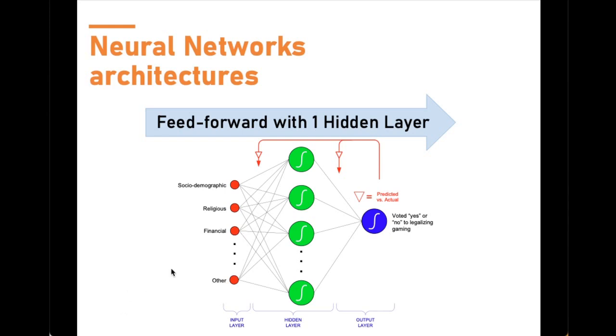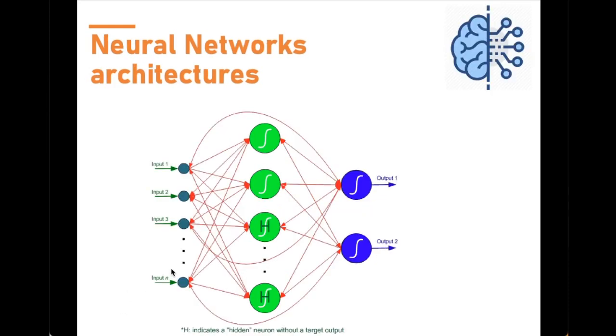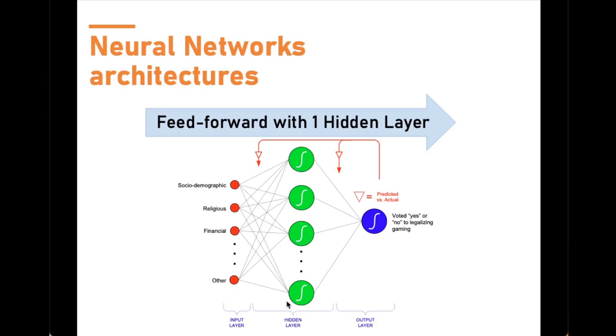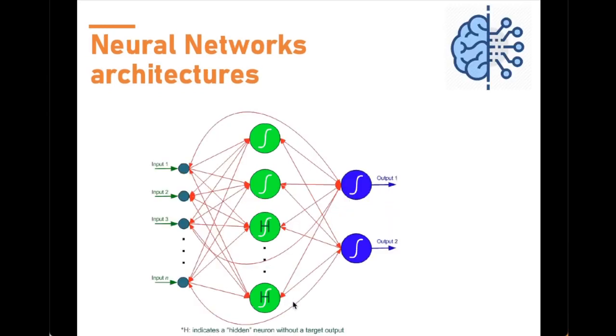Unlike feed-forward neural networks, where information flows in only one direction, another neural network paradigm called recurrent neural networks, RNNs, has feedback connections that allow them to retain information about previous inputs and make use of context and temporal dependencies.